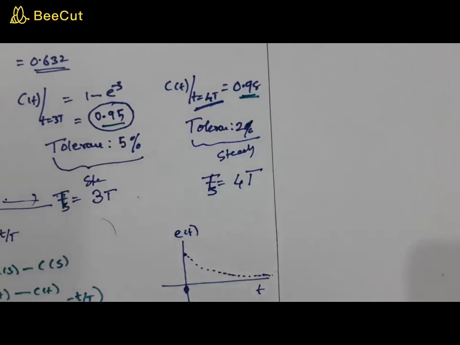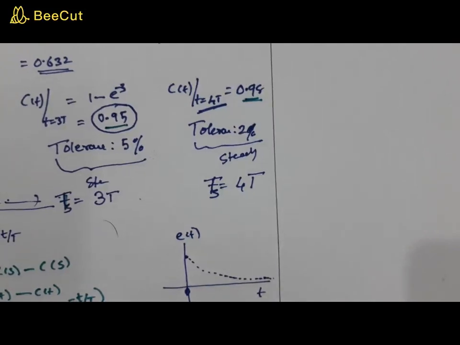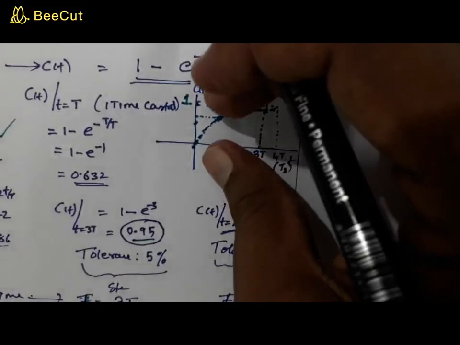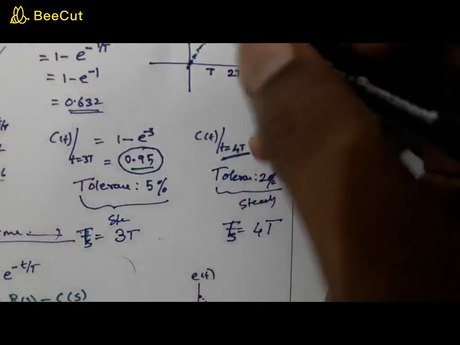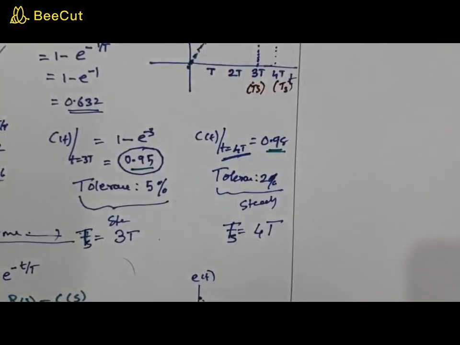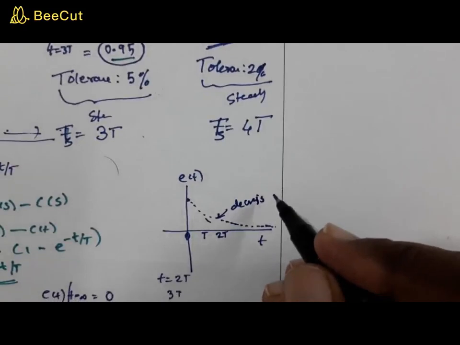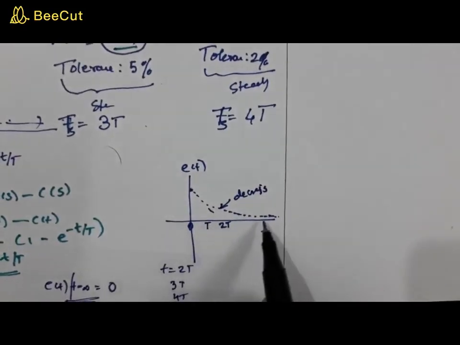Now you can just put t is equal to 2T, 3T, 4T, and you can see that difference over here, right? As t increases, the error keeps on decreasing, and it reaches 0 at t is equal to infinity.